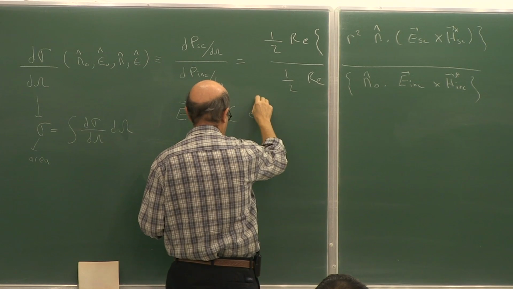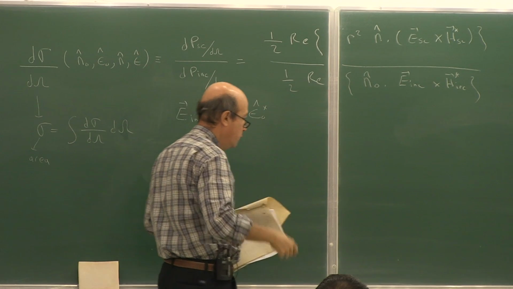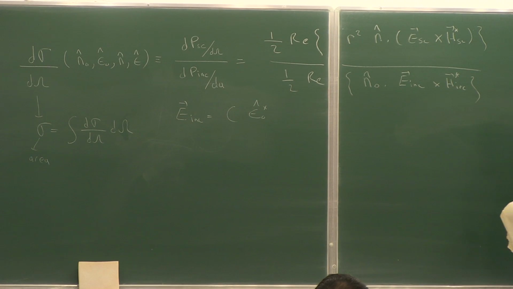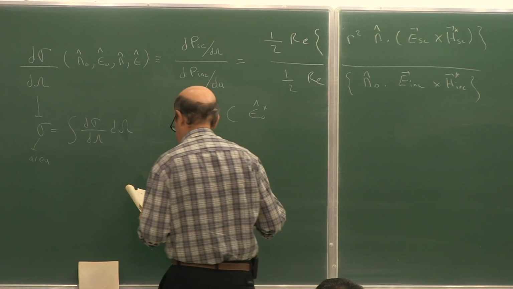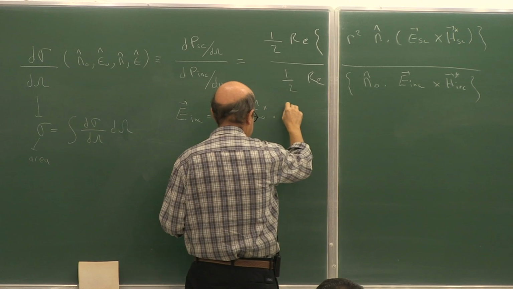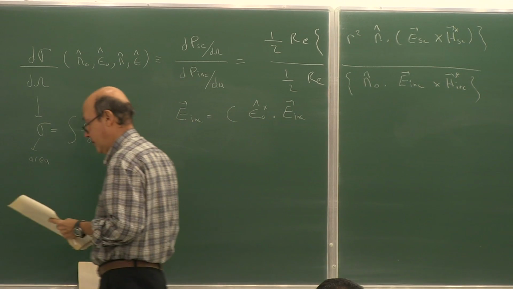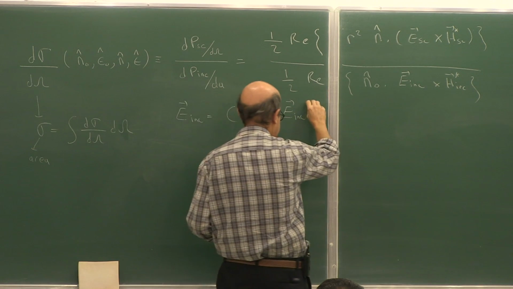So E0 is a complex number; in general the polarization could be expressed in terms of complex numbers as we did for the circular polarizations in the beginning of the course. So E incident, let's say along epsilon 0.